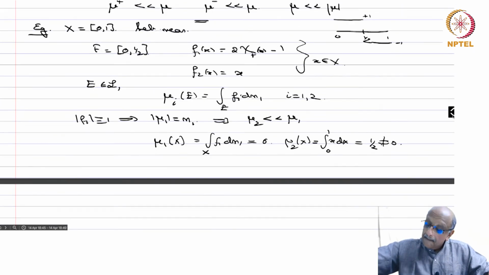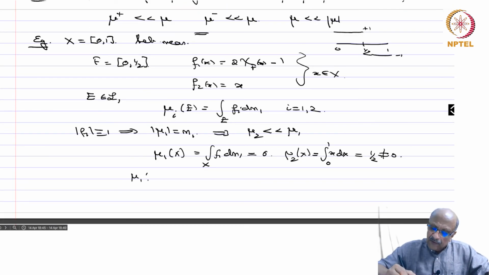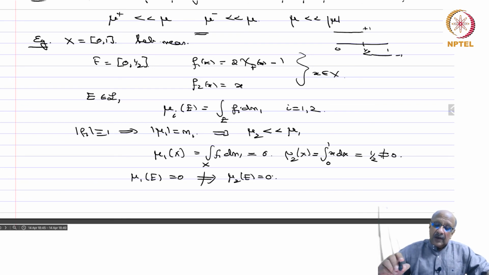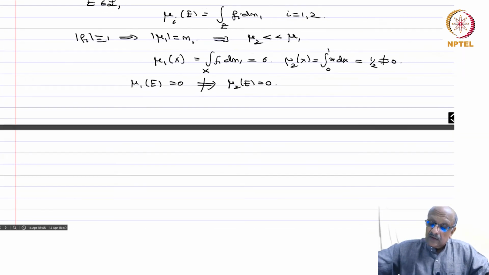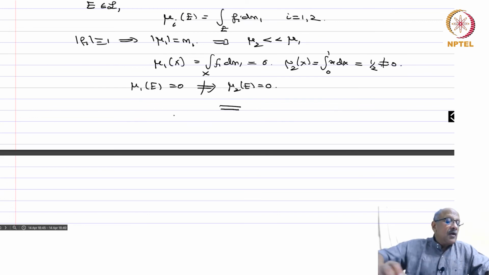So mu1 of E equal to 0 does not imply mu2 of E equal to 0. Okay, so when you have absolute continuity, it is only mod which matters, not the function itself. So that is this example you have here.